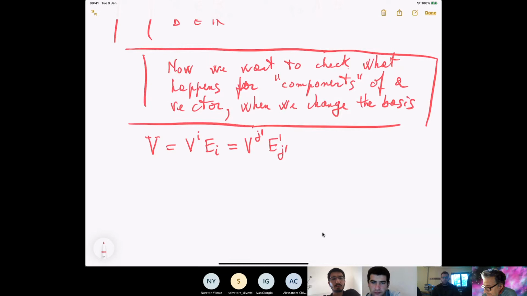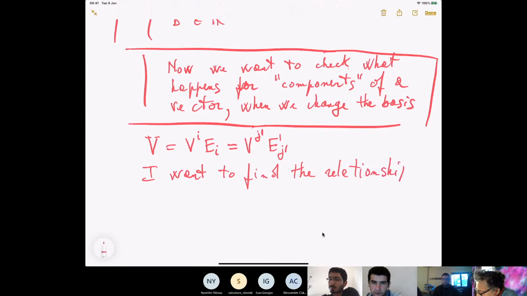So I want to find the relationship between V^i and V'^{j'}. It is easy.